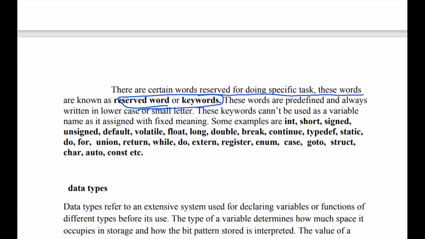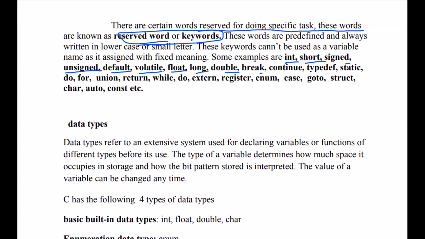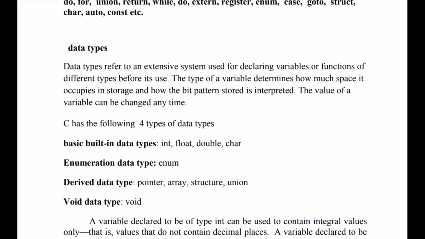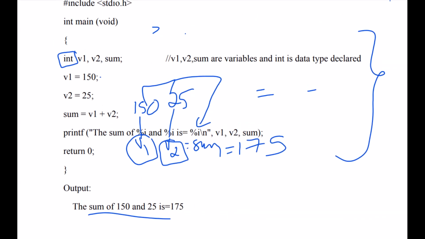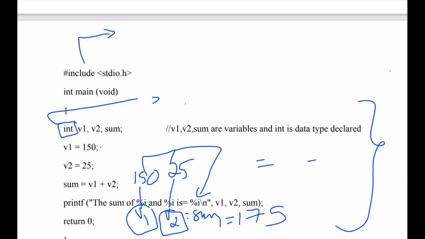These keywords cannot be used as a variable name as they are assigned fixed meanings. Some examples are int, short, signed, unsigned, default, volatile, float, long, double, break, continue, typedef, static, do, for, etc. So now, in this program, we have used int as a data type.